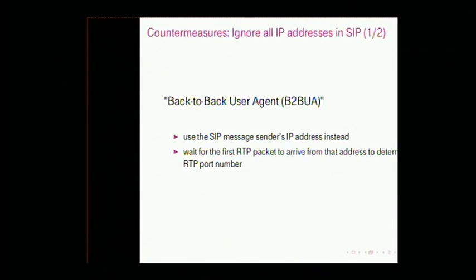It gets a bit tricky with RTP because you have to wait for the first RTP packet to know what port number this RTP stream has, which leaves you a small window of attack open. If an attacker sends an RTP message in this small window, you can trick a back-to-back user agent into redirecting RTP traffic to yourself.